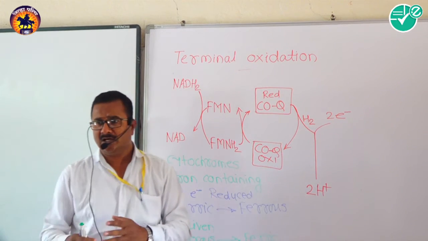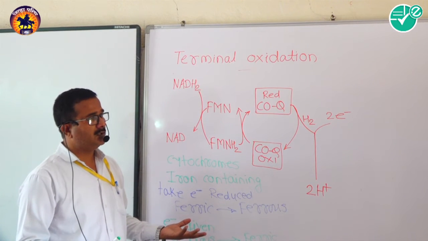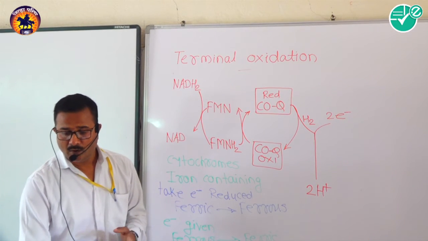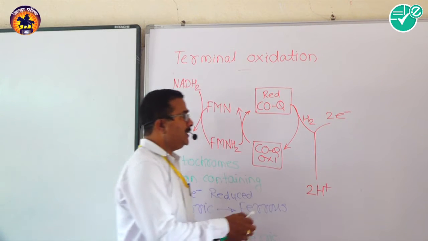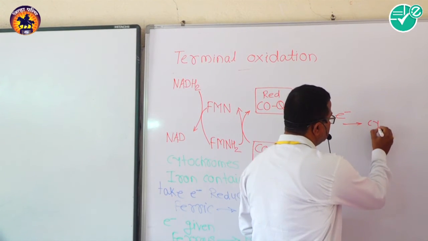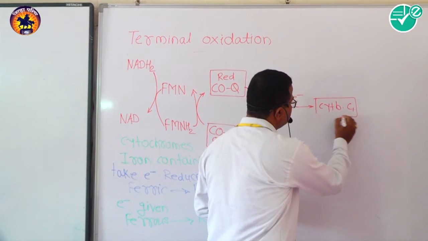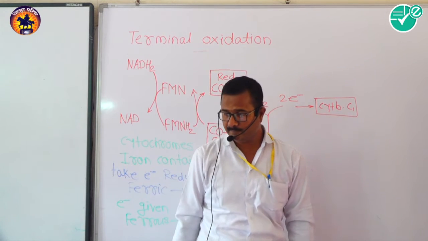the ferrous, and therefore these electrons move from the first cytochrome B, cytochrome C1 complex.